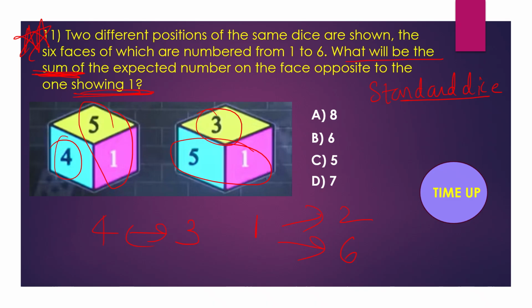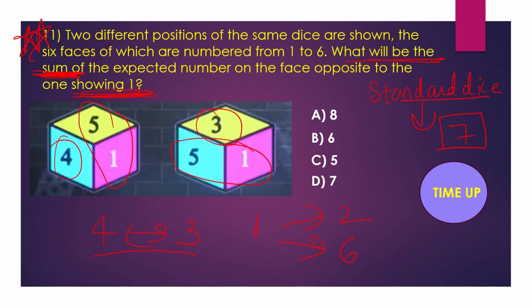So here you can clearly see the opposite of 4 is 3, and when you add, you will get 7 as the answer. So I want the sum now. Okay, opposite of 1 I should find out, but I need the sum. Correct? So standard dice means the result should be 7.